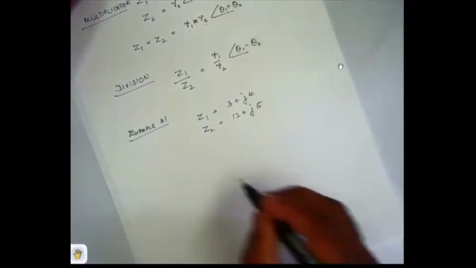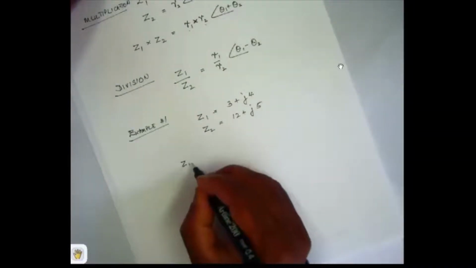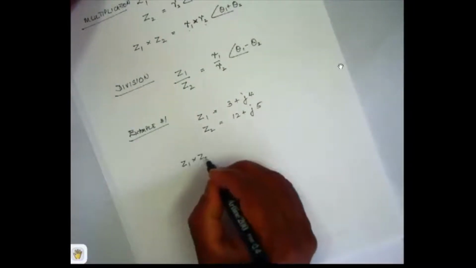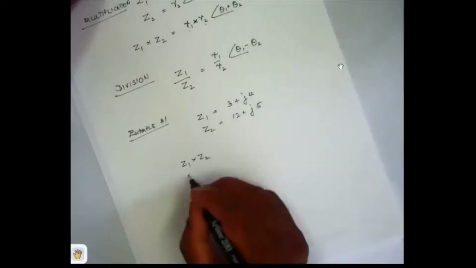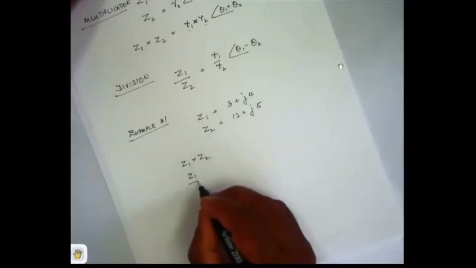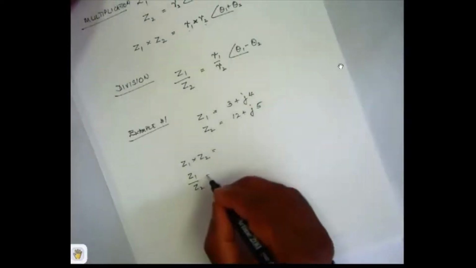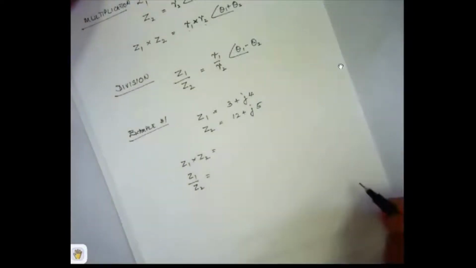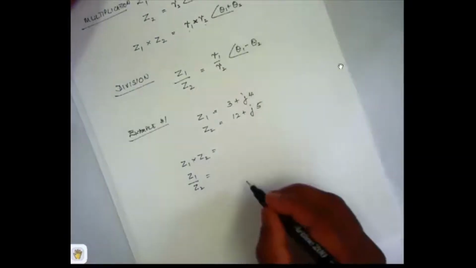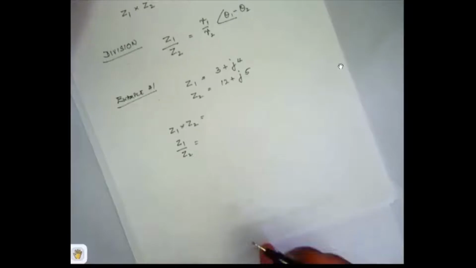If we want to find Z1 times Z2 and Z1 over Z2, what these values are, then first let's convert Z1 and Z2 to their polar forms.